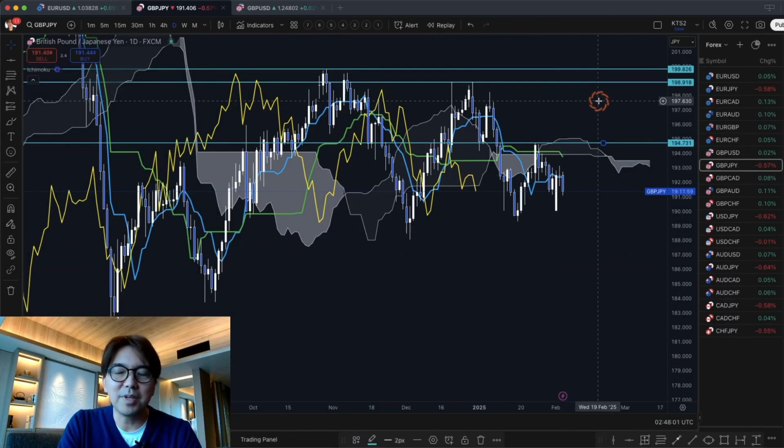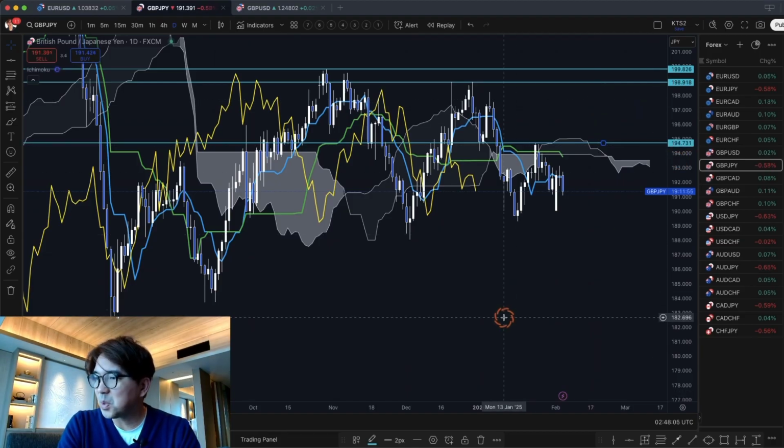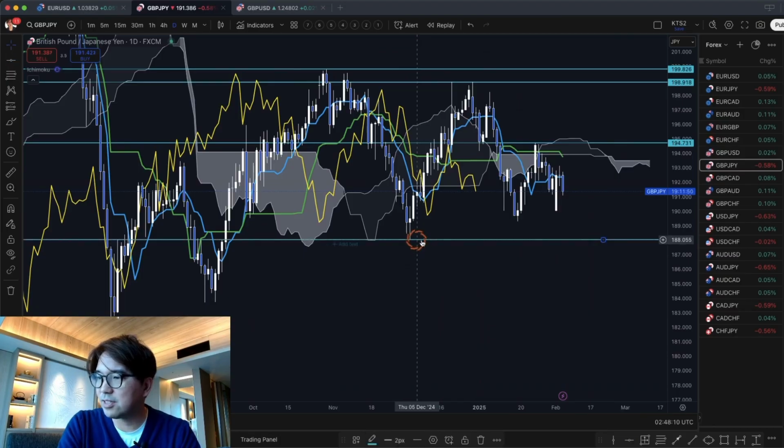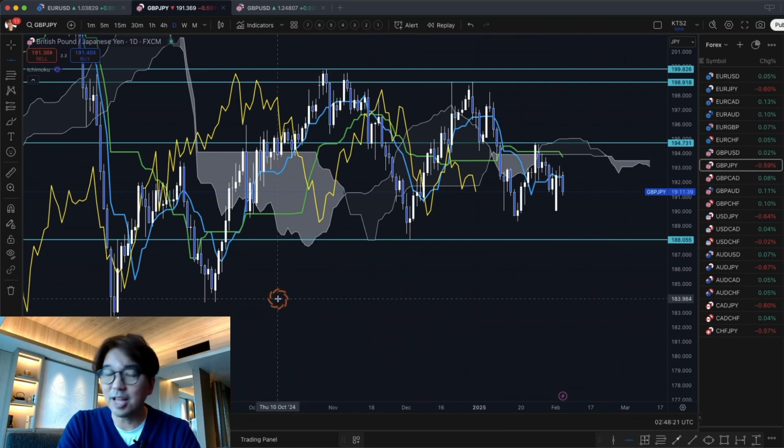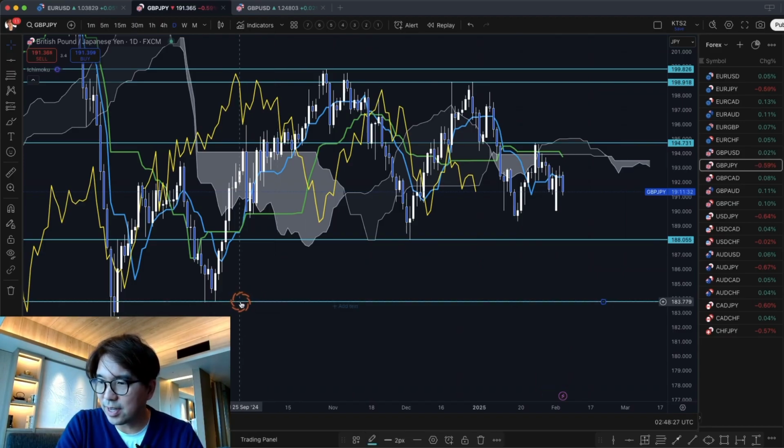And now let me draw the support lines. One of the major support levels was here, which was clear, 188.055. I think you did the same too over here. And also the previous swing low was here. Let me draw the lines that are clearer swing lows. So this is another one over here, which is 183.779, right?